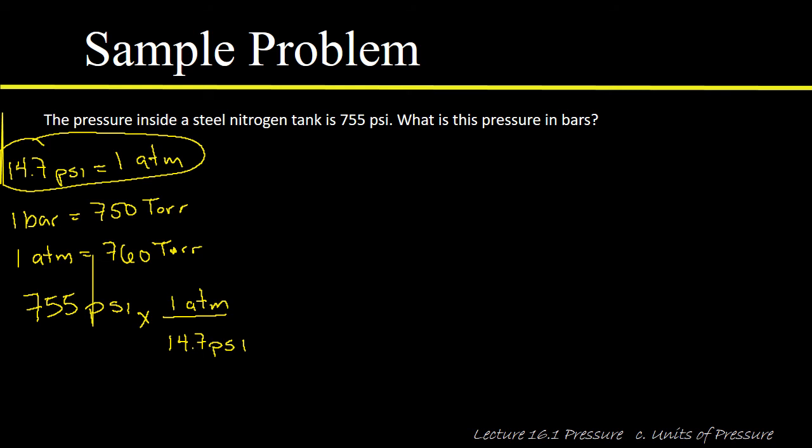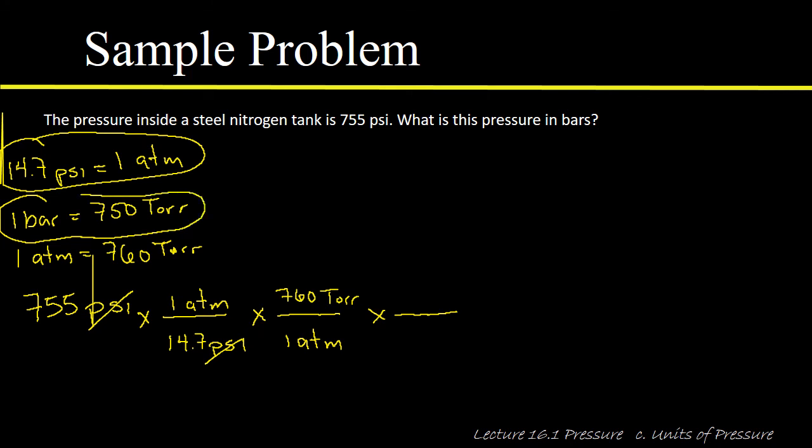Okay, that will allow us to convert from psi to atmosphere. The next step, we want to convert atmospheres into torr. So we recall 1 atmosphere goes on the bottom because we want it to cancel. 1 atmosphere is equal to 760 torr.